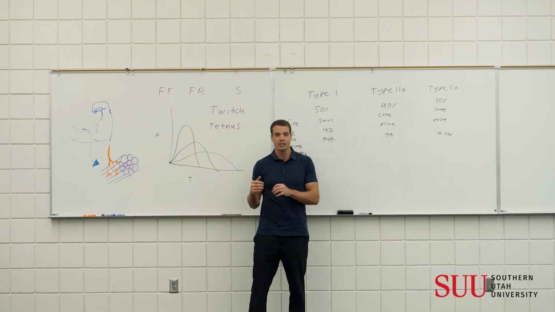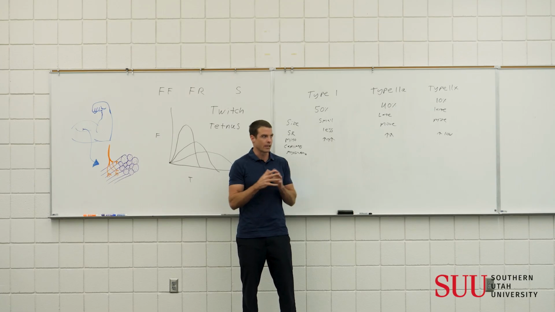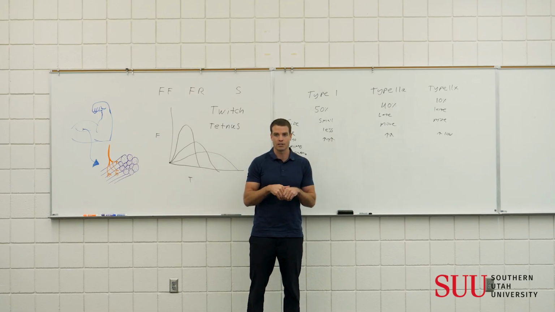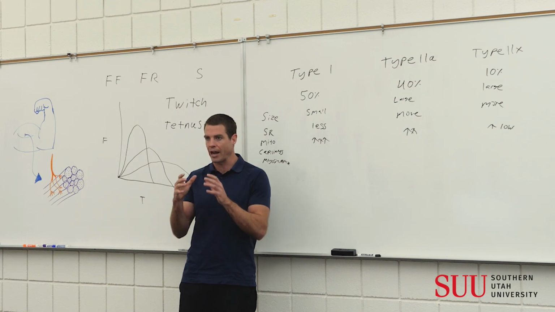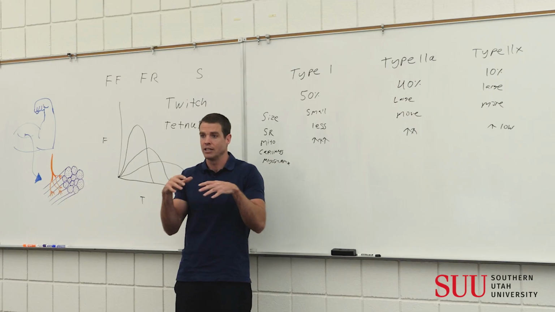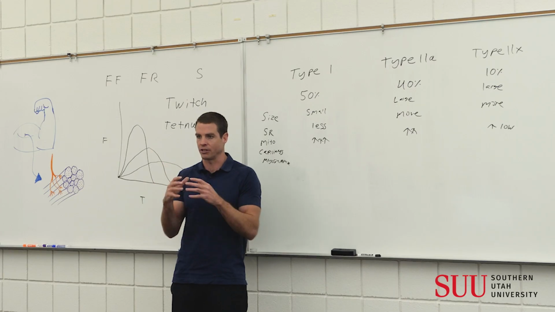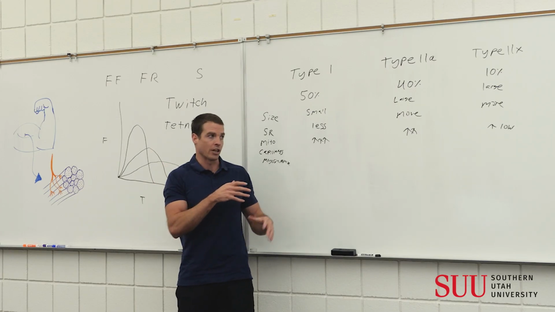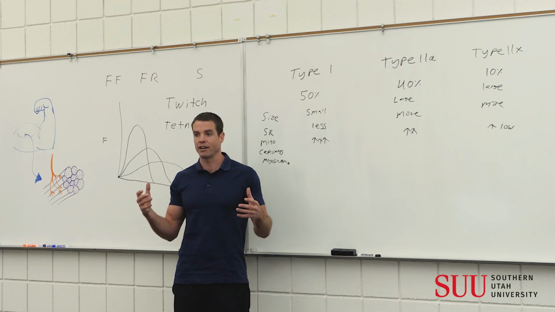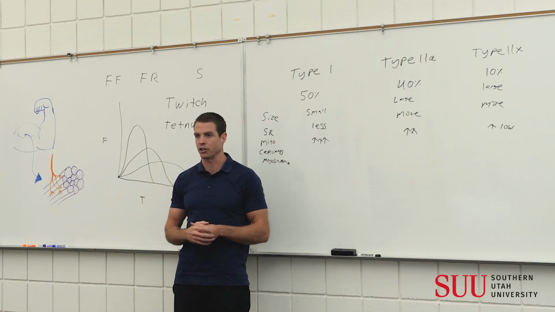Then you have unipennate, like your extensor digitorum longus. Others are bipennate, like your rectus femoris. Your deltoids are multipennate, and you can get more strength out of that whole cross-sectional area. As you train and increase cross-sectional area, you can get stronger, so that gives you more strength.